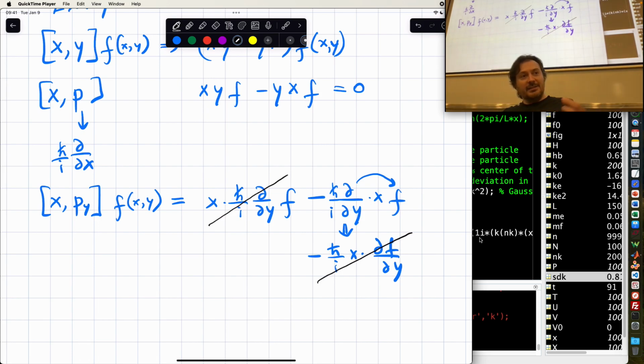So you can measure a particle's x position and y momentum at the same time, but not x position and x momentum. Does it make sense? Yes?